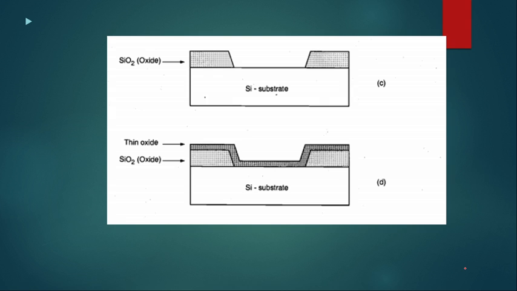Then the final resulting layer is like this. The requirement was that the thick SiO2 layer is required only on the source and drain terminals. Next, a thin SiO2 layer is deposited over it. The thick SiO2 layer thickness is from 5 to 10 micrometer and the thin oxide is almost 1/10 of the thick oxide. So if this is 10 micrometer, then it will be around 1 micrometer.